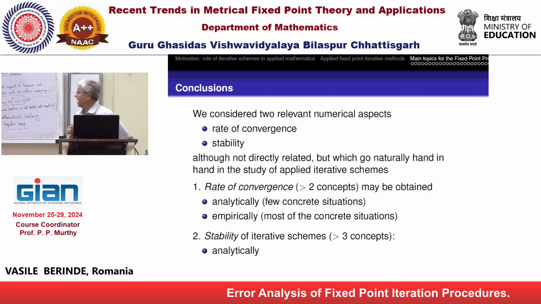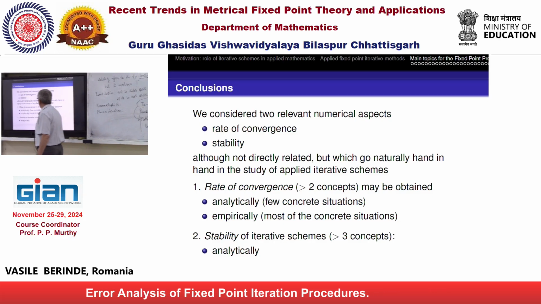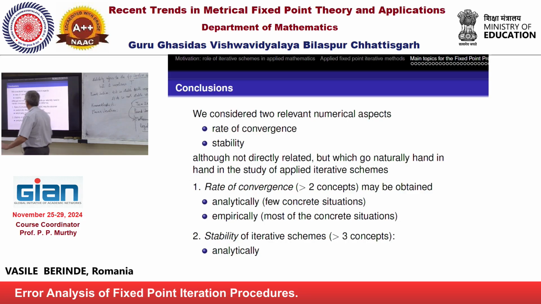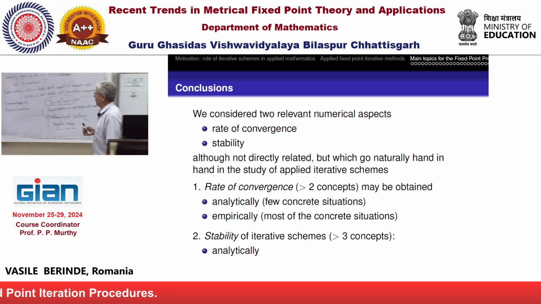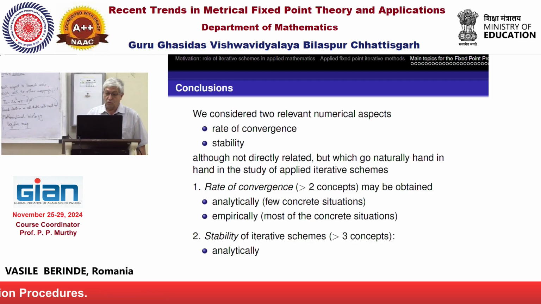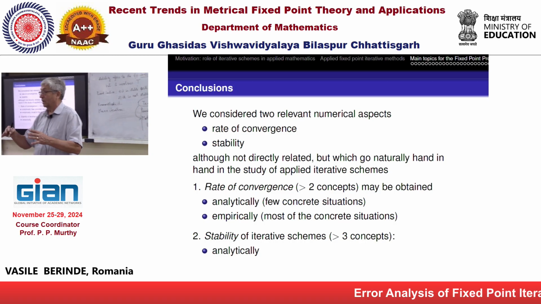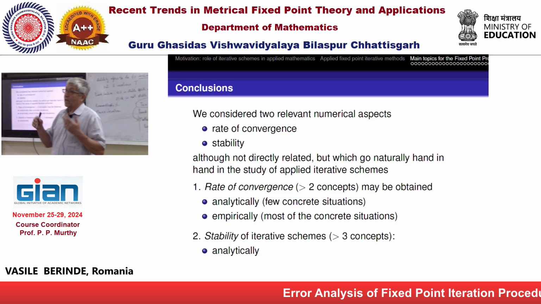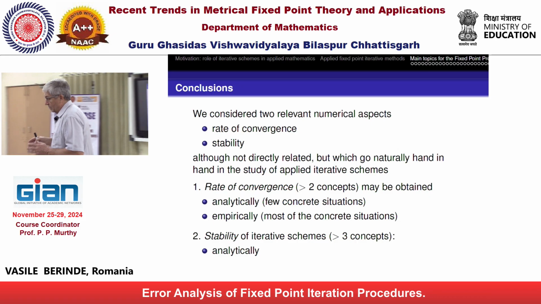Then keep in mind that in most concrete applications, we are studying the rate of convergence empirically. We just do experiments and we draw the conclusion that our method converges faster or slower, and what happened. This is typical for a mathematician.